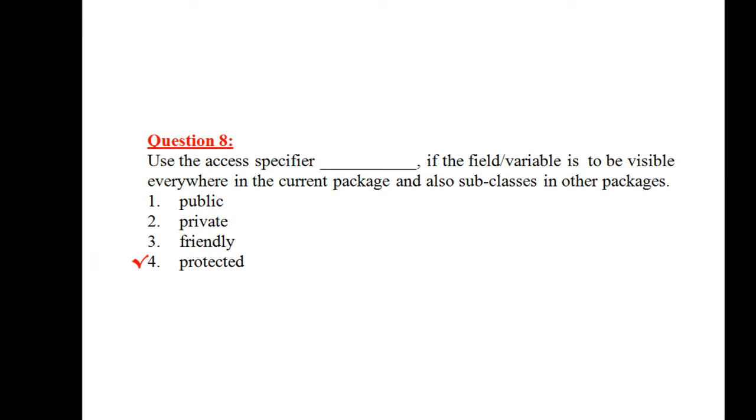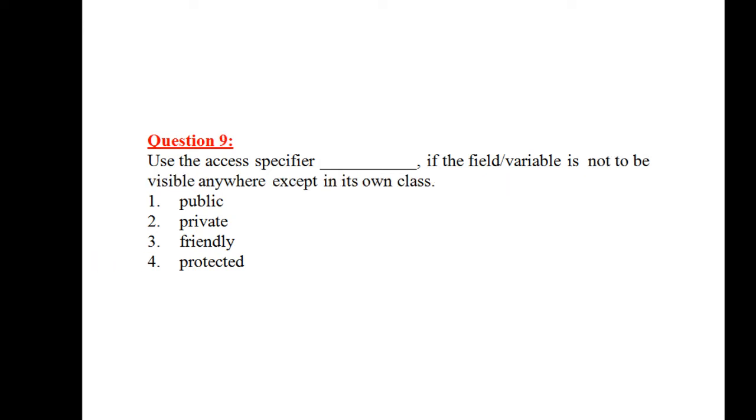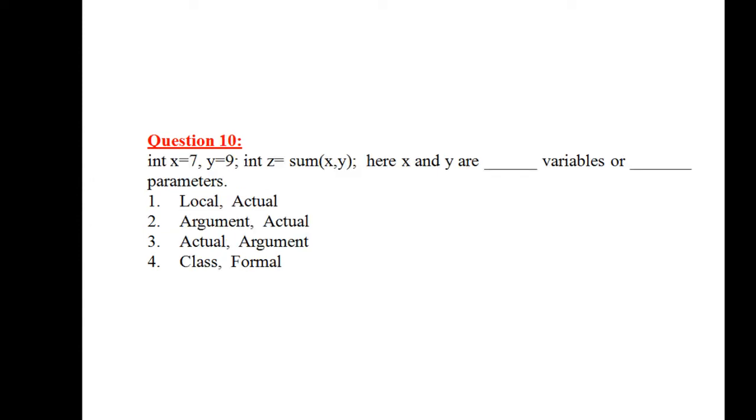It is protected. Question number 9. Use the access specifier dash if the field or variable is not to be visible anywhere except in its own class. It is private.